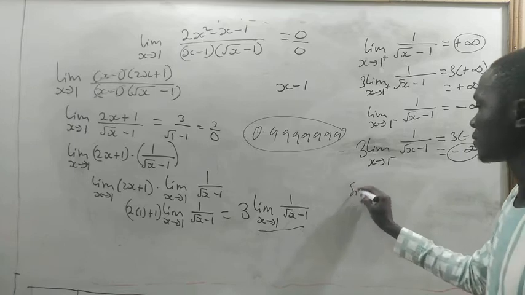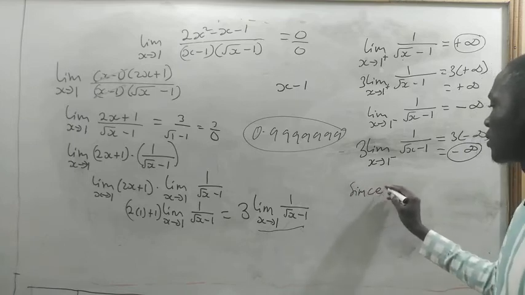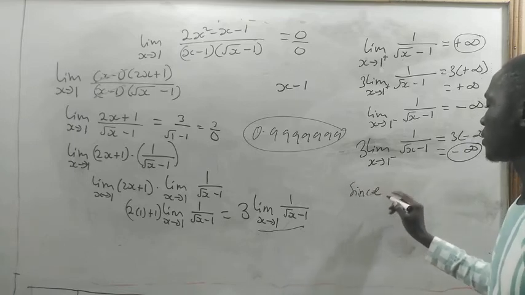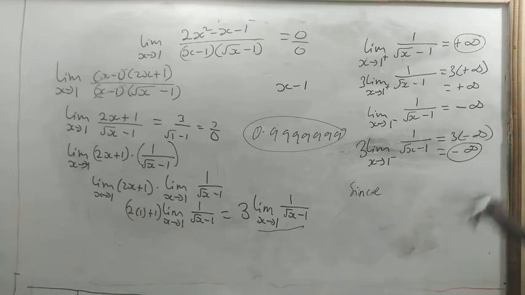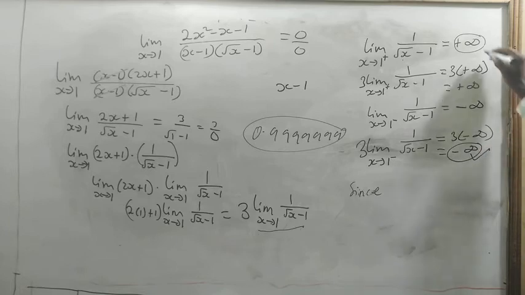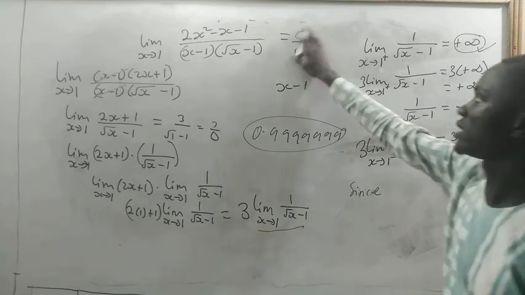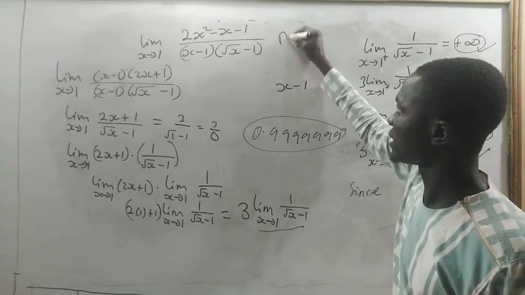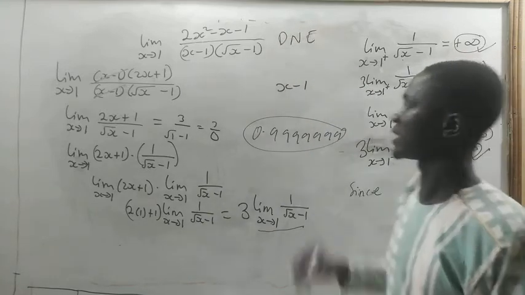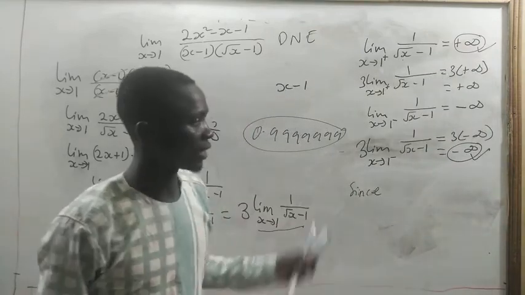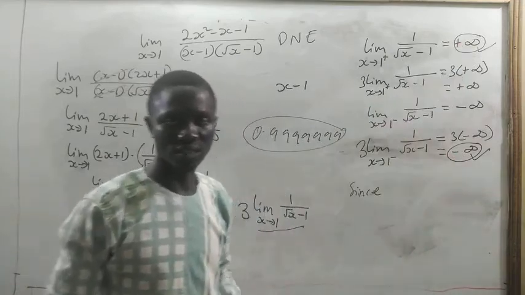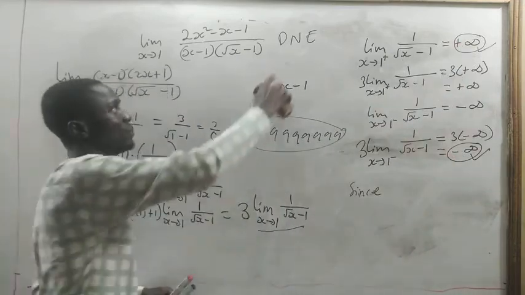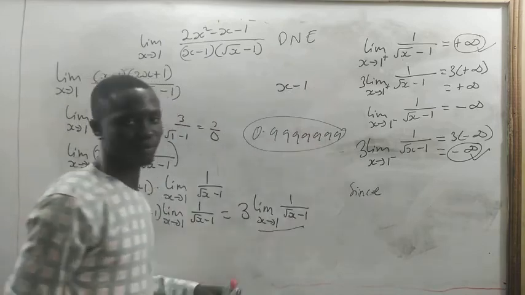So since the two limits are not the same, you say that this limit does not exist. Here we have negative infinity and here we have positive infinity. The two limits are not the same, so you say the limit does not exist.